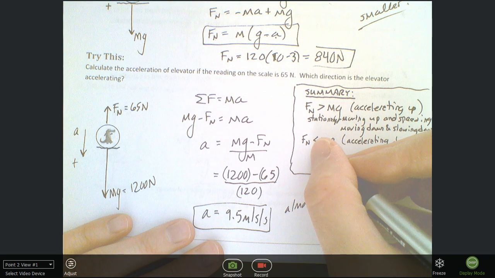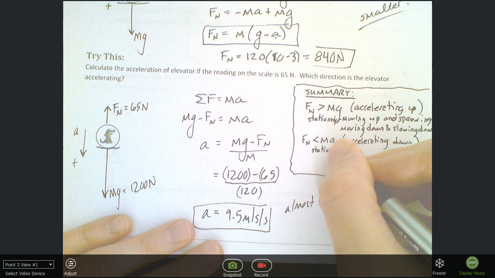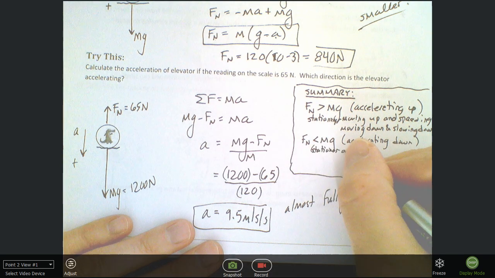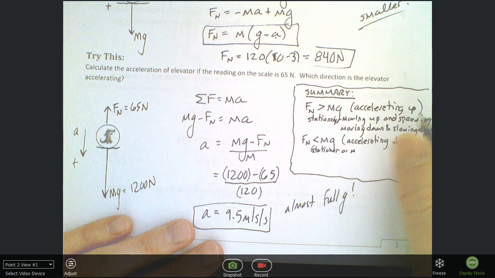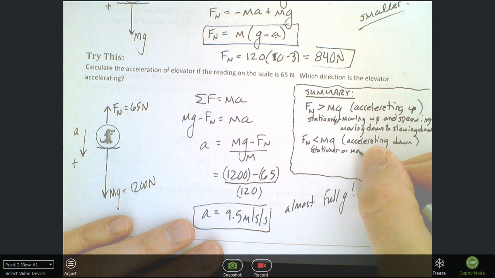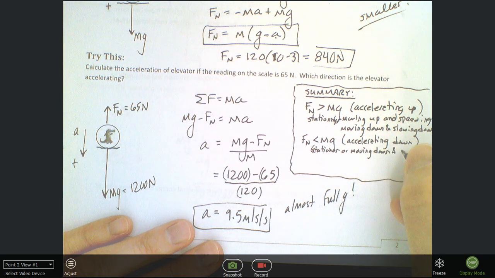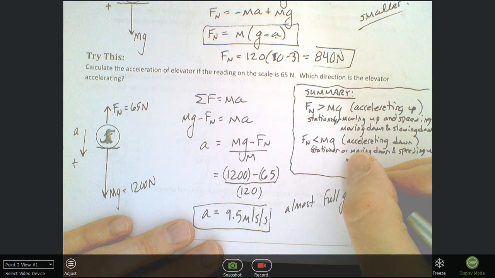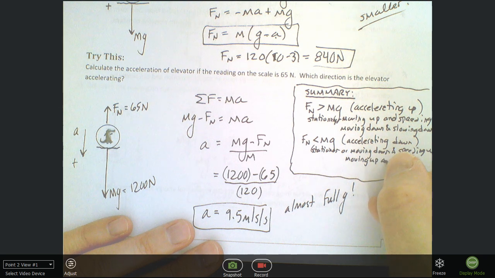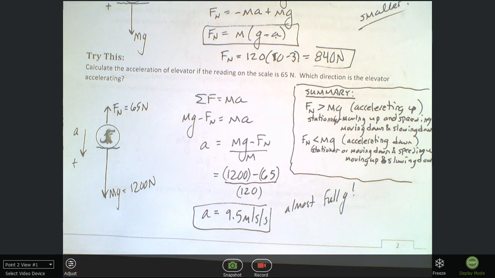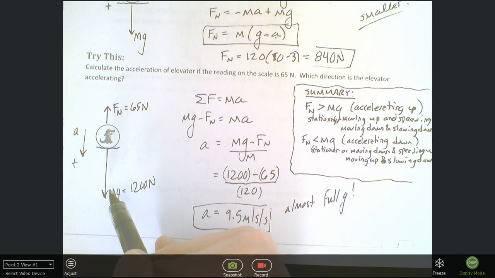So you could be stationary, or moving down and speeding up, or you are moving up and slowing down. So if Fn is less than mg, you have to be accelerating downwards.